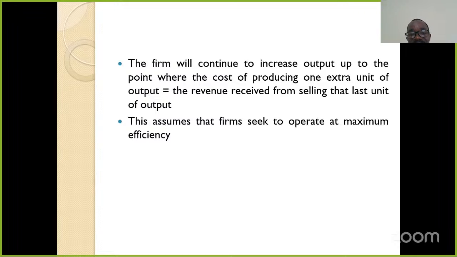But this assumes that the firm seeks to operate at maximum efficiency. If the firm is indifferent, not caring about efficiency, it can continue producing more and more, but then the profit that it will be getting will be less and less.